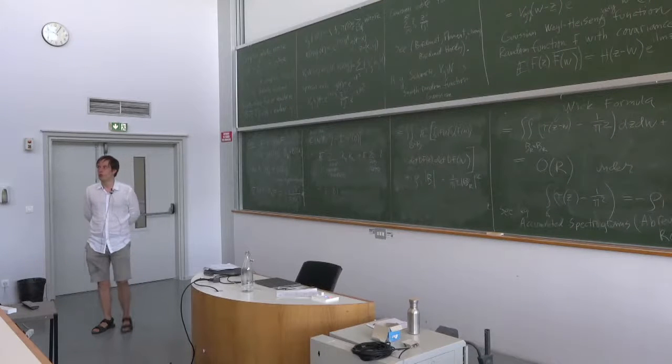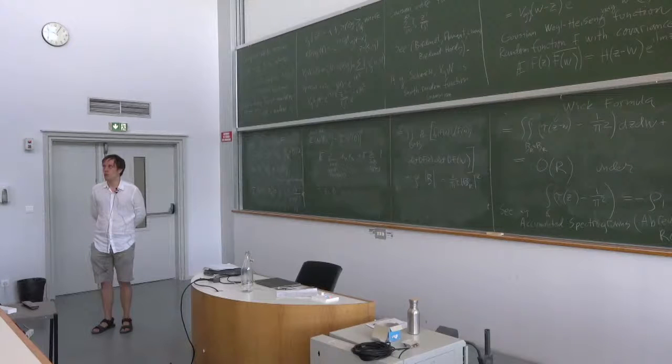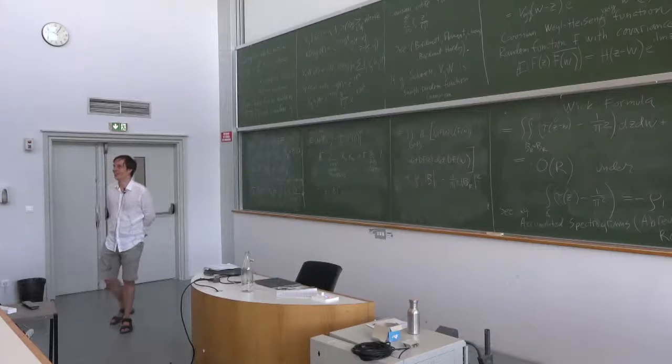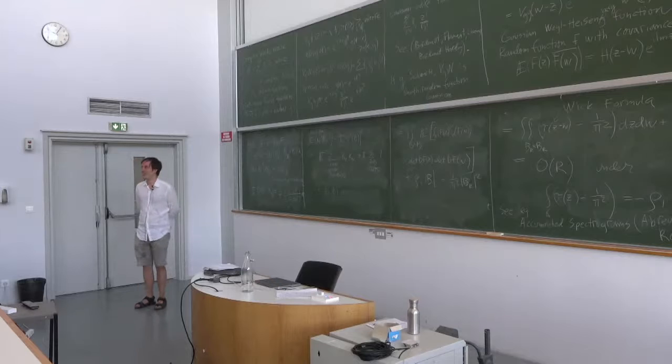What are the kinds of windows that applied signal processing would like us to study? Well, that's not a question that I can answer, but maybe there is somebody in the audience. Compactly supported windows, most likely. Some Hann window.